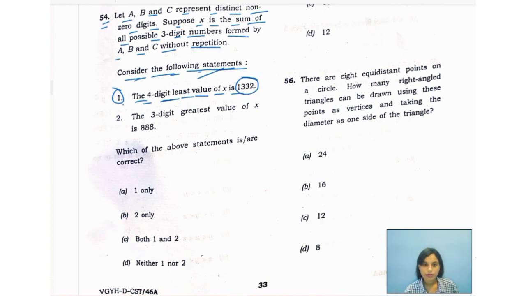And statement two says the three-digit greater value of X is this one. Which of the following statements is or are correct? Your correct answer will be number 1, that is option A, 1 is correct. Okay. Let's move over to question number 55. That's the last question for today's class, by the way.